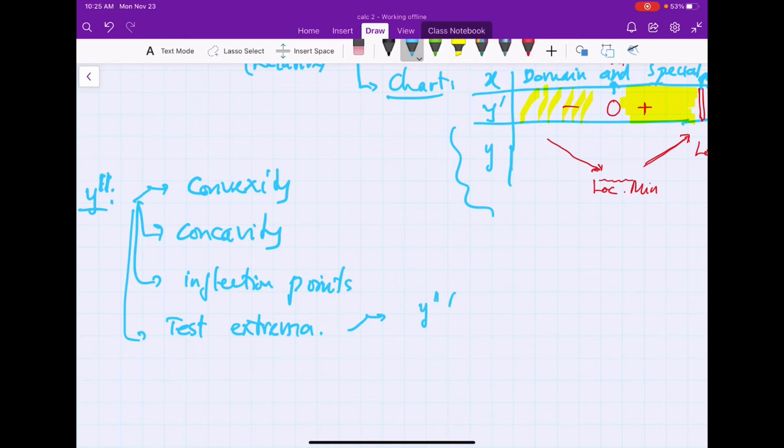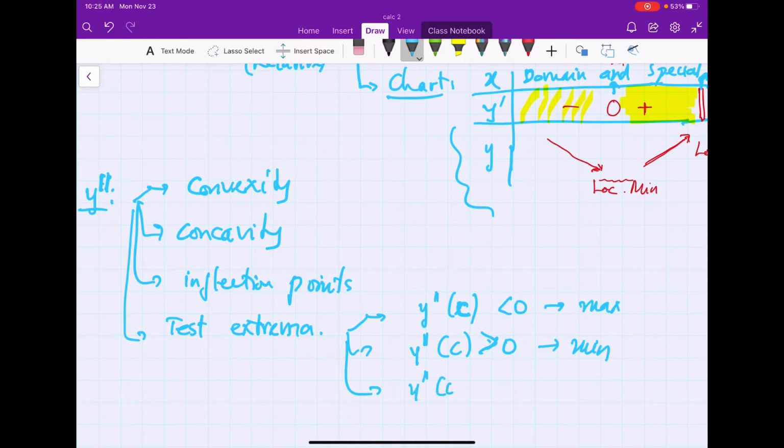When the second derivative at a critical point is less than 0, that is a maximum. If the second derivative at that point is greater than 0, that is a minimum. But when the second derivative is 0, we don't have any information about convexity or concavity of the function.